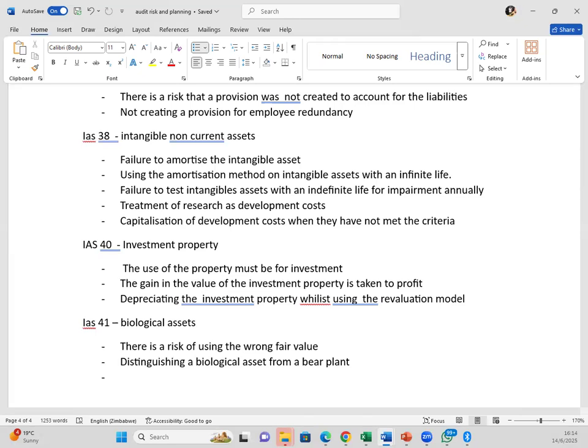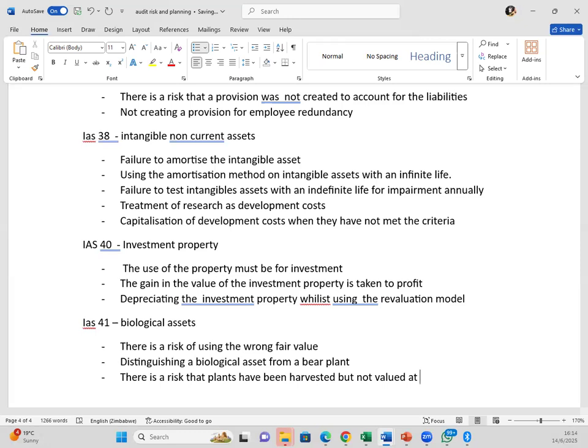Then also, once plants have been harvested, we can't use IAS 41, we use IAS 2. So there is a risk that plants or produce have been harvested but not valued at the lower of cost and net realizable value. We don't value at fair value once it's now produce.